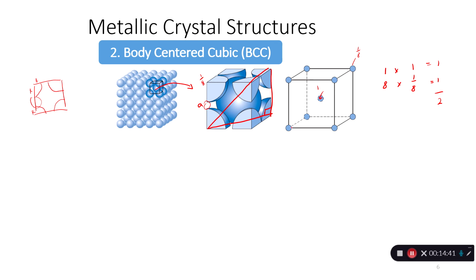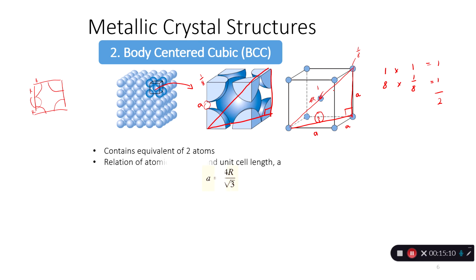Okay, so I'm going to draw that here as well, all the way to this corner. Okay, so you see that first we have to figure out this side. This is A, and then this will be your 4R. So we need to figure this one out first. This is easy because we have A, and you can easily determine this. Okay, I'm not going to elaborate. Eventually they will get this. This is the relation between A and R.